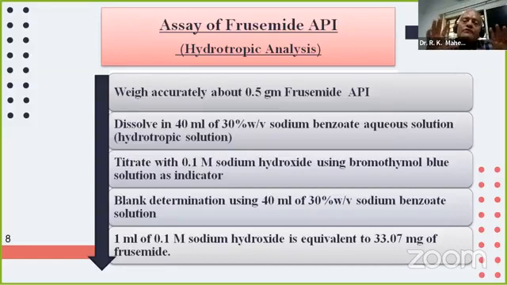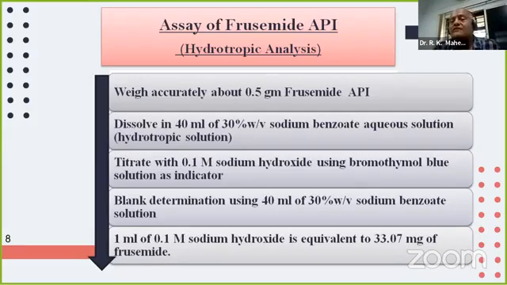Now you have to carry out a blank determination, as we discussed in the previous case of dimethylformamide. Take a clean conical flask, 40 ml of this 30% weight by volume sodium benzoate solution, a few drops of bromothymol blue indicator, and titrate with 0.1 molar NaOH. As soon as you get the end point, note down the volume of NaOH required for the color change.